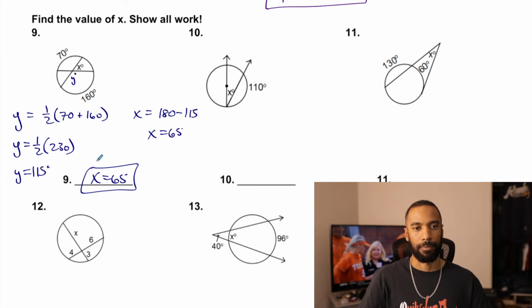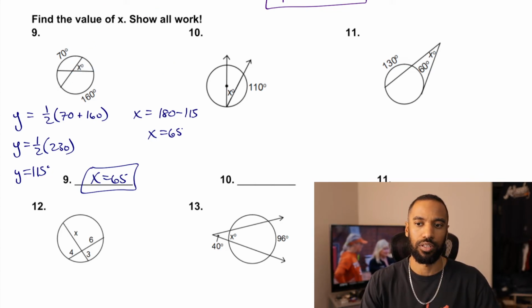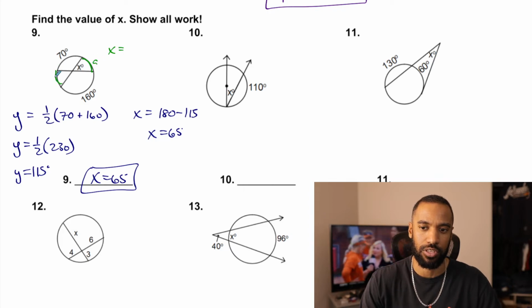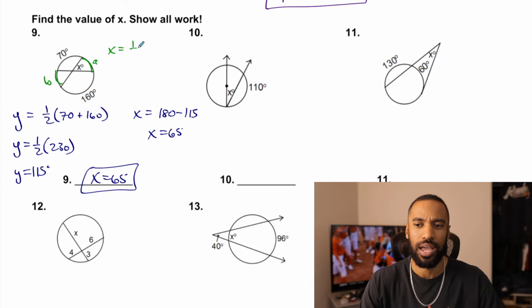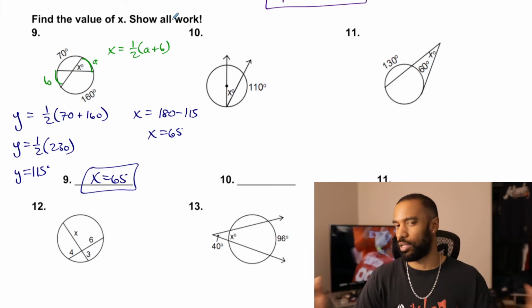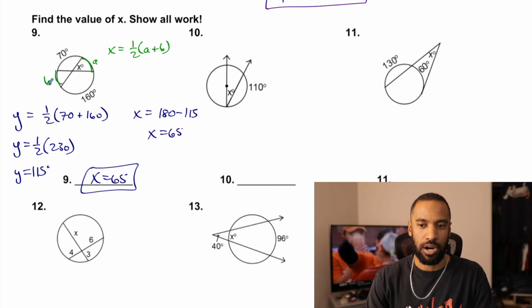Boom, I'm done. Now there's another version of this without using any y whatsoever, but then it will involve understanding what these two bits add to. If I called this a and called this b, x is half of a plus b, that angle. That's the formula that we're doing. It's half the sum of those, right? Now, I don't care what a and b are independently.